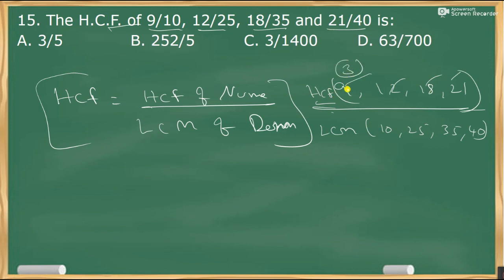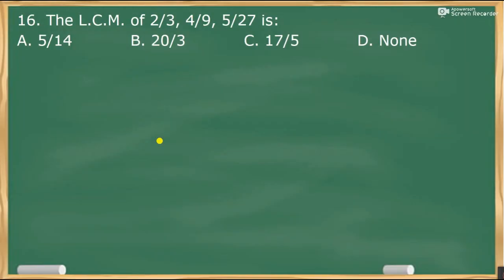Beyond 3, there is no other number that divides these four numbers. So check the option whose numerator has 3. So we have 3 by 5 and 3 by 1400. Now here 10, 25, 35, 40, the LCM won't be 5. So obviously it will be 1400. Answer is option C. Clear? So HCF of a fraction is HCF of numerator by LCM of denominator. Clear? Okay, fine. Next question.